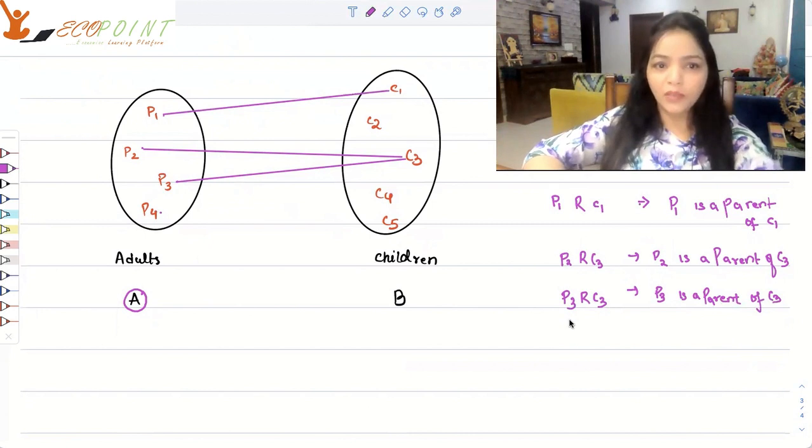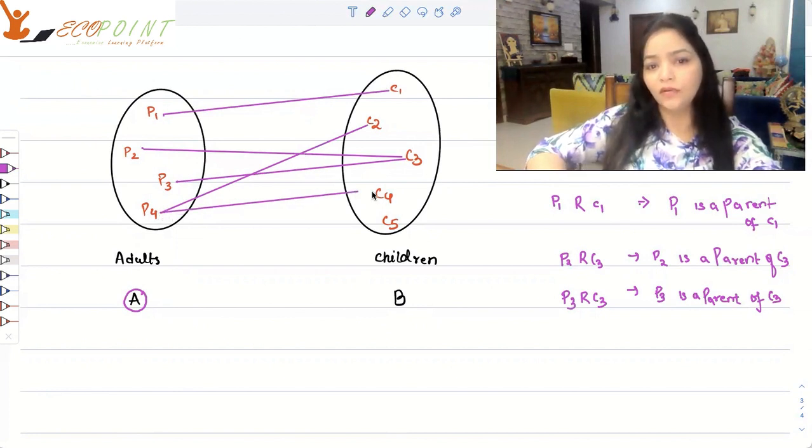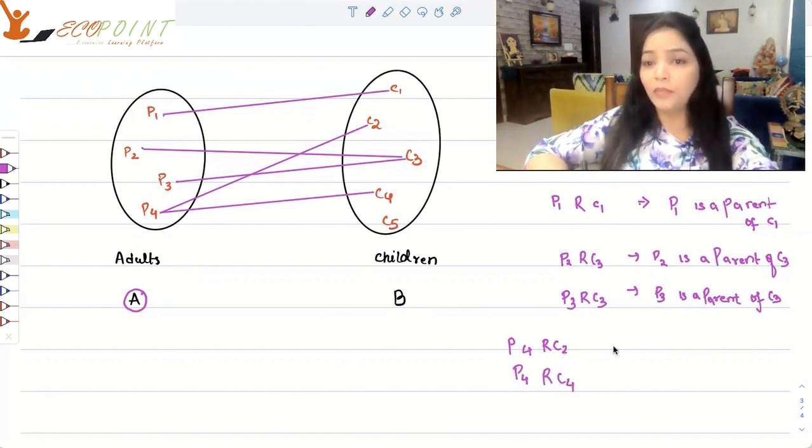So one could be mother, one could be father. That's a possibility. Similarly, say P4 is related to C2. That means P4 is a parent of the child C2, and so on. It can also happen that P4 is related to C4. That's also possible. P4 R C2 and P4 R C4 mean that P4 is a parent of both C2 and C4.